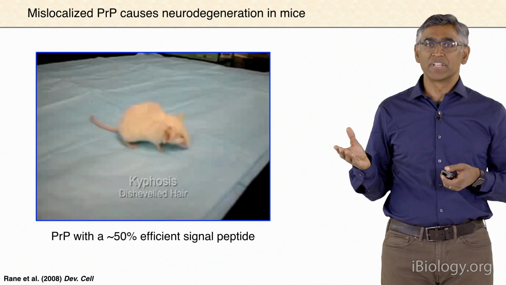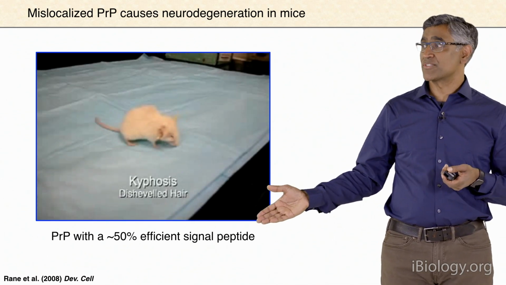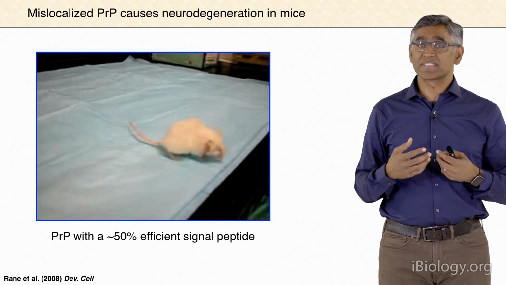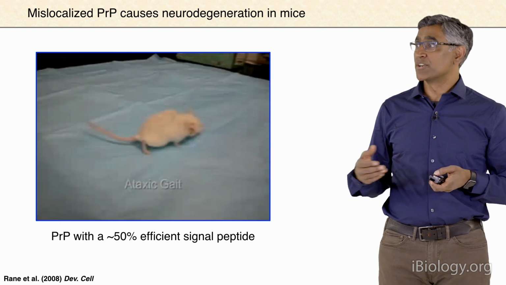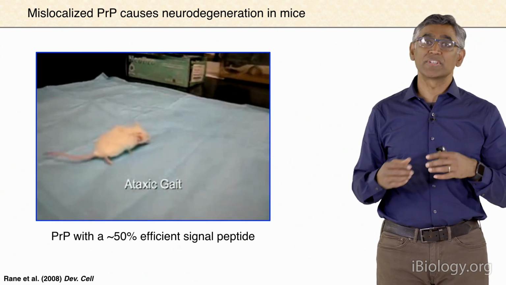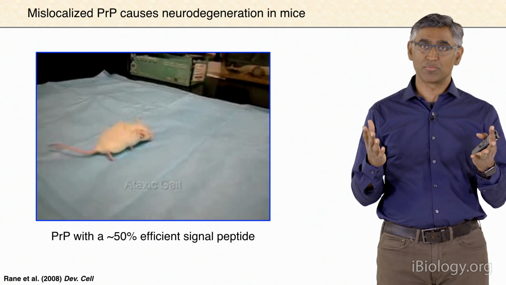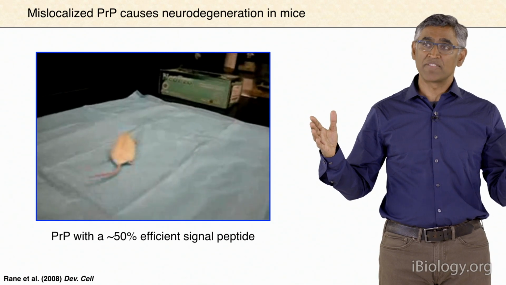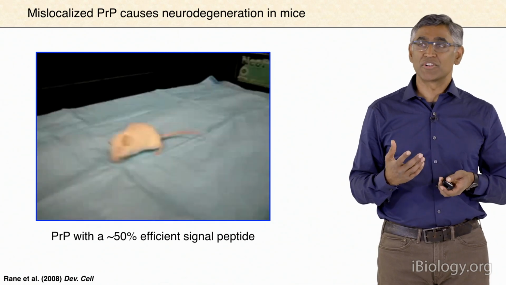And so we wondered whether chronic mistranslocation, that is chronic failure to import about half the protein, has any consequences. And what Nina Rane found when she made a transgenic mouse that expresses a version of prion protein with a partially inefficient signal peptide is that that mouse, although it lives a roughly normal lifespan, develops neurodegeneration over time.